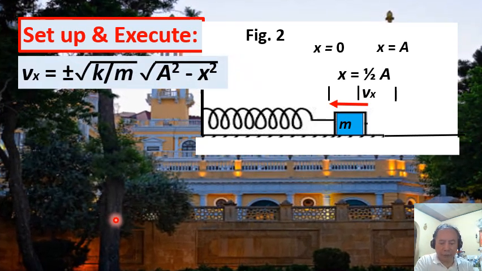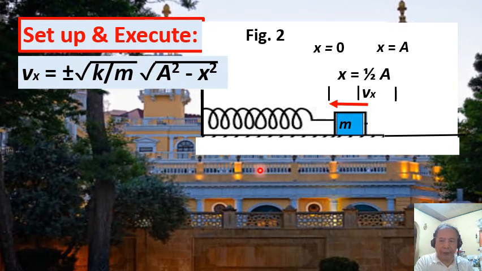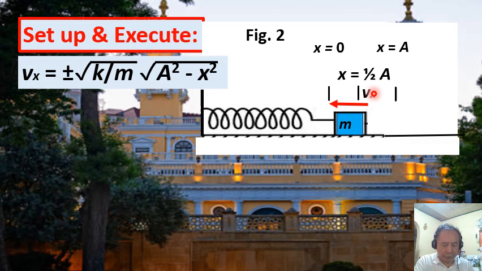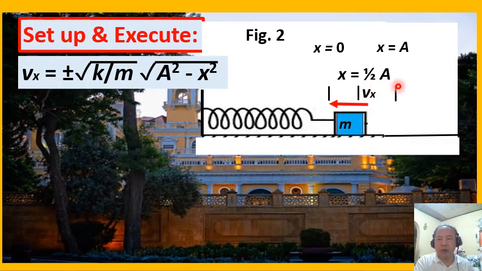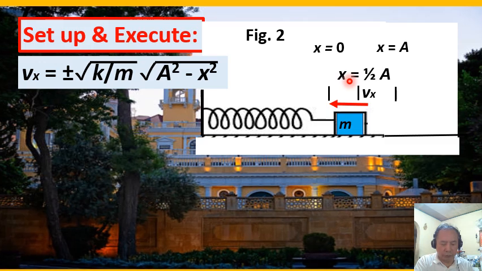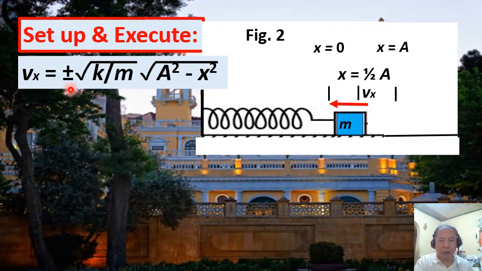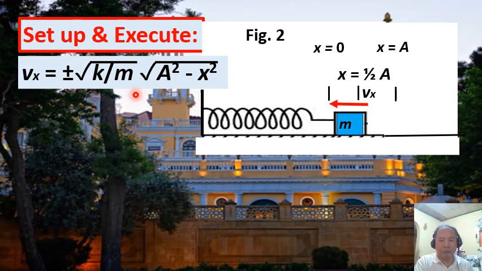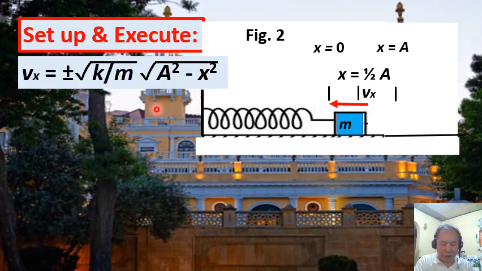In part C, we find the instantaneous velocity when the glider is halfway from its initial position to the equilibrium position x equals 0. And we use the formula Vx equals plus minus square root of k over m multiplied by square root of a squared minus x squared.